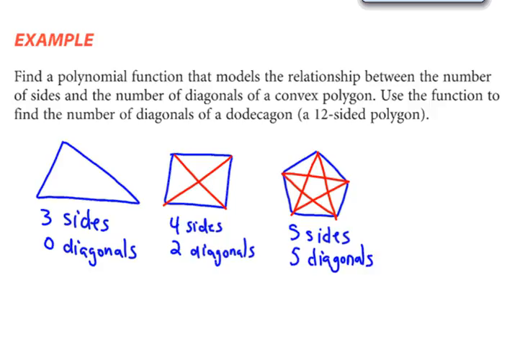Okay, so next we have the hexagon. 1, 2, 3, 4, 5, 6 sides.